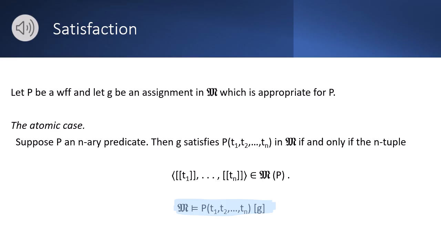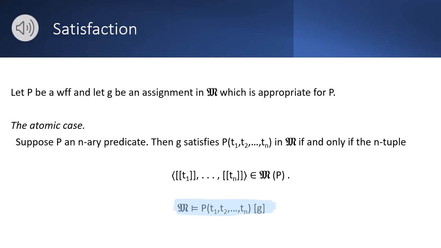That would be M of P. And remember, M of P is a collection of n-tuples, because in this case, it's an n-ary predicate. So basically what we're saying is that if this collection of terms was inside of this output, one of these n-tuples, then we say that G and M satisfy that particular statement.